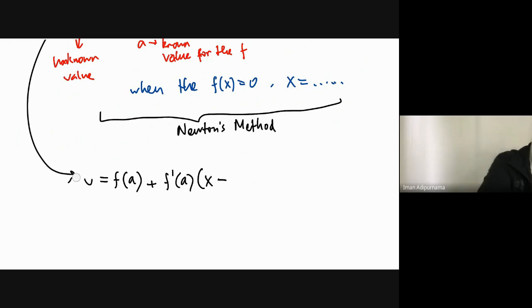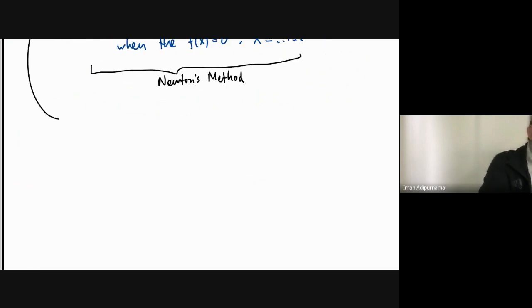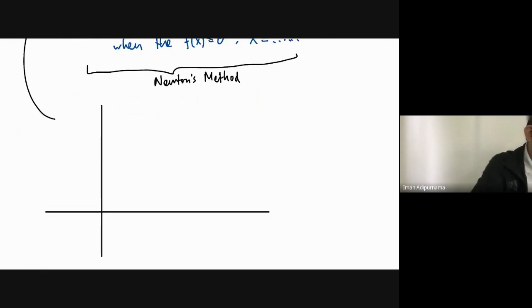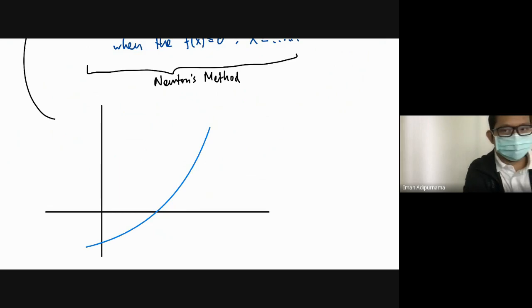Let me draw first to make it clear. Let's say we start from this a, or let me write a as x0.